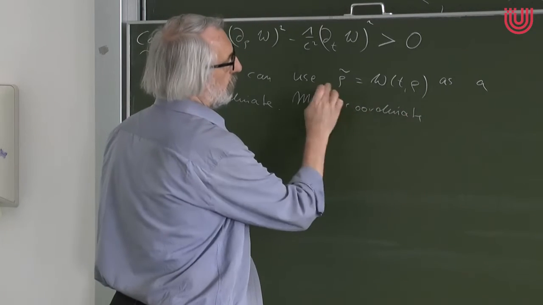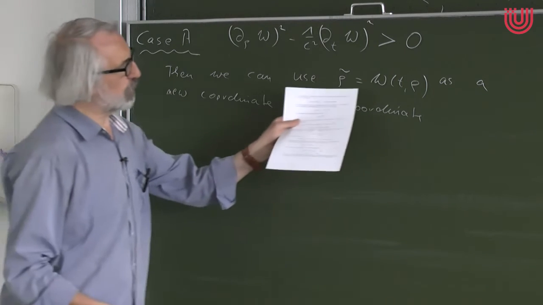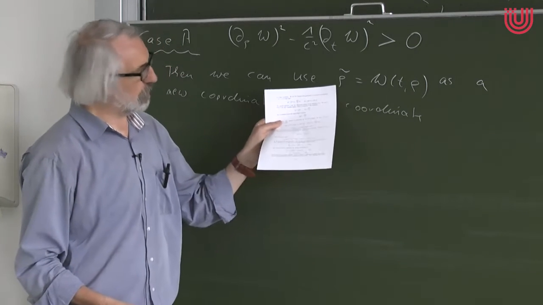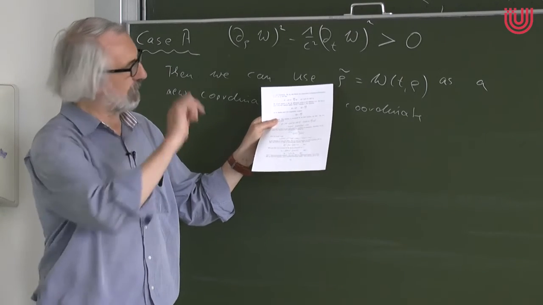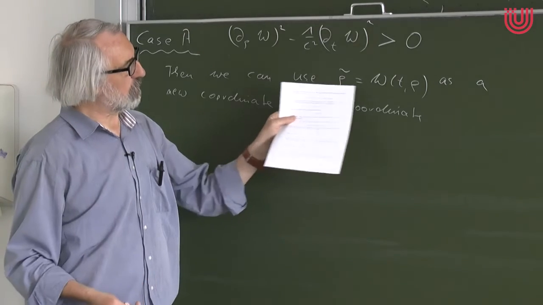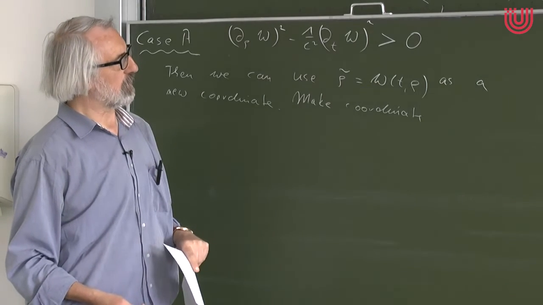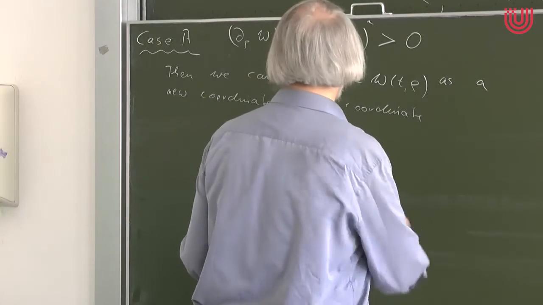If we succeed in doing this and then write everything in the new coordinates, where we had the function W before, we then have the new ρ coordinate. That's what I said while I erased the board, that we make a coordinate transformation so that the W becomes a new ρ coordinate. And then, of course, the system of differential equations simplifies considerably.